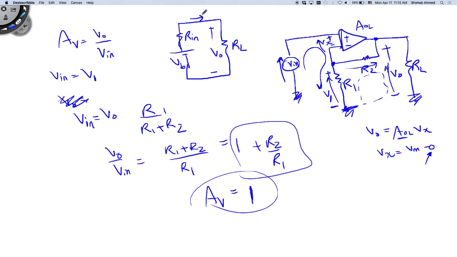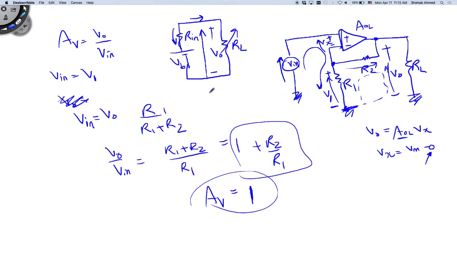If the current changes, then the voltage drop across this resistor will change. Then the output voltage will also change.